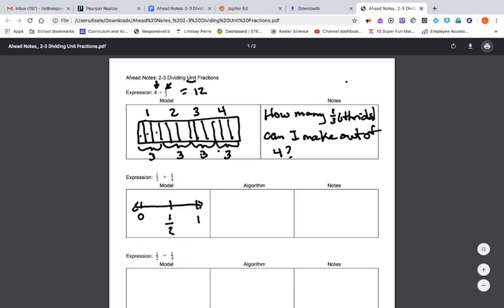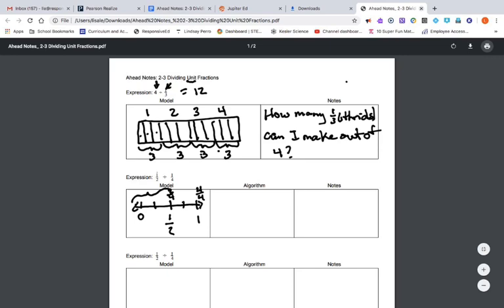And I want to know how many fourths I can get out of 1/2. So I'm going to cut my whole number into fourths. So there's a 4th. This would be 2/4, and this would be 3/4, and then this would be 4/4. I'm only talking about this part of my number line here, because that's all I have is a half.